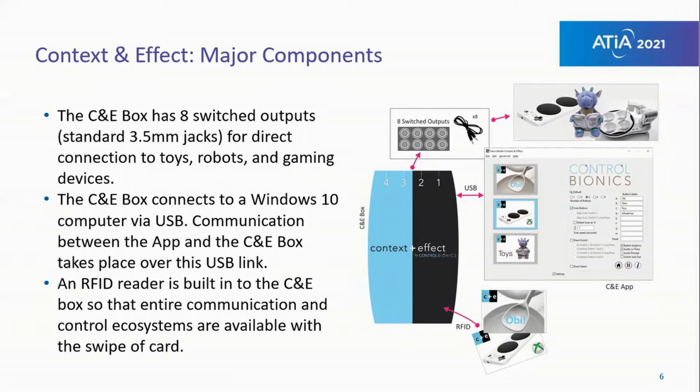The application for the C&E itself runs on a Windows computer, connects to our C&E box with a USB cable. And then lastly, there's an RFID reader built into the C&E so that you can change the personality of the machine completely with the swipe of a card. For instance, going from gaming with an Xbox to a toy control or the OB feeding robot.